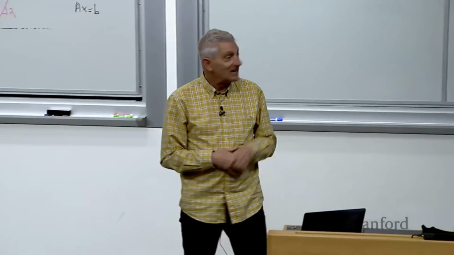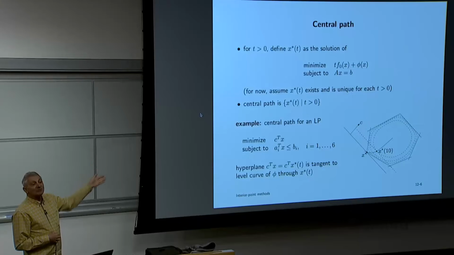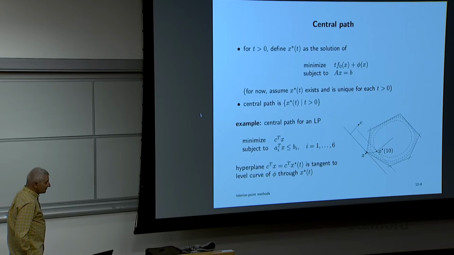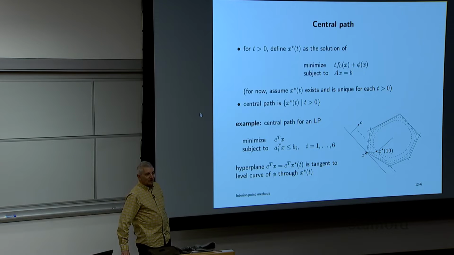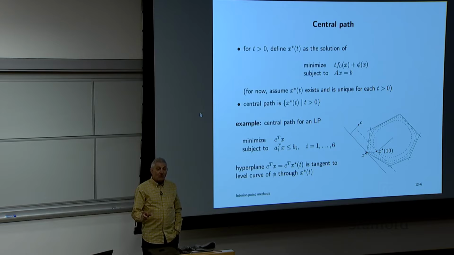Everybody got this? So these are homotopy methods. This is super cool to know about. This is a homotopy method, but there's a big difference. Here, I can get to any point on that path from anywhere, which is false in a general homotopy method, where you have all this logic about what happens if you fail, right? Suppose t was 0.05, and now I set it to 0.1, and I tried Newton's method, and it just completely failed.